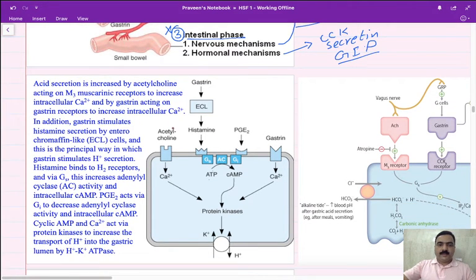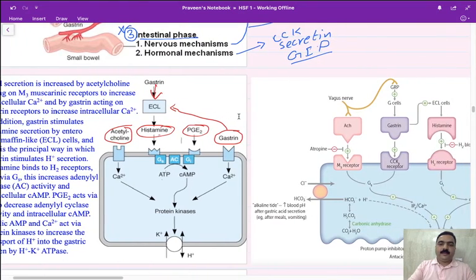There are three things that can act: the gastrin directly, or acetylcholine directly on the parietal cell, or the gastrin can stimulate the enterochromaffin like cell, which produces histamine, and then the histamine can act. So acetylcholine, histamine, and the gastrin will stimulate the parietal cell. Prostaglandins and somatostatin inhibit it.